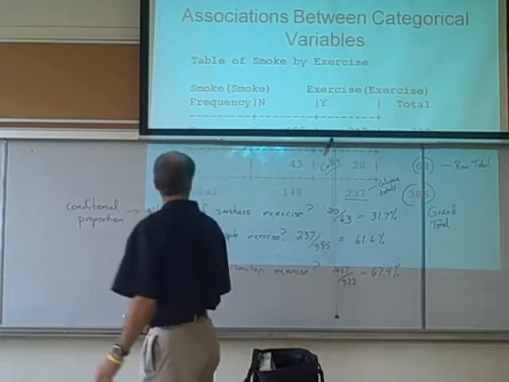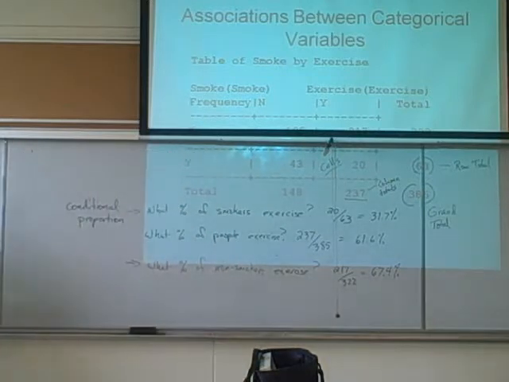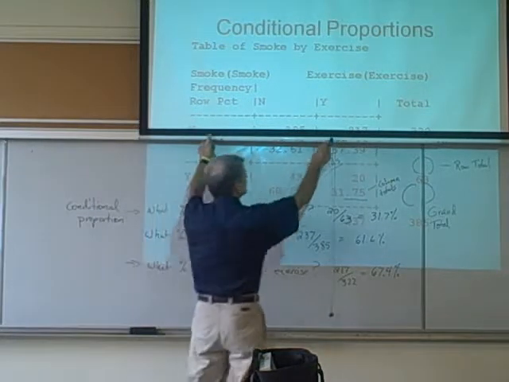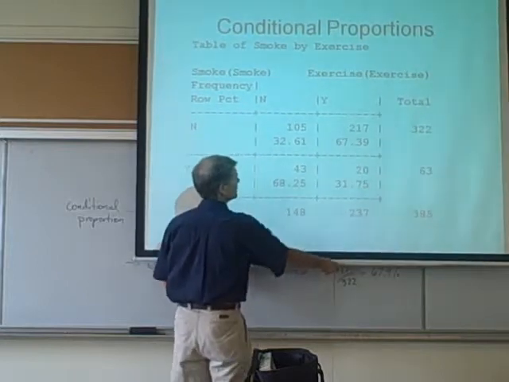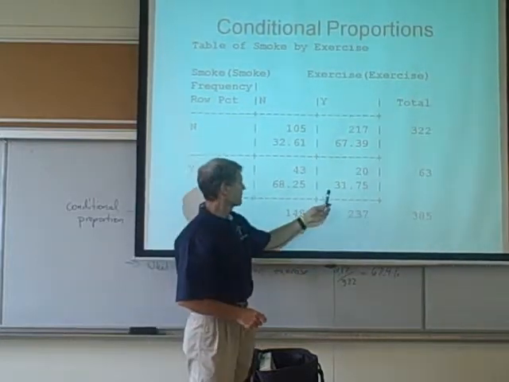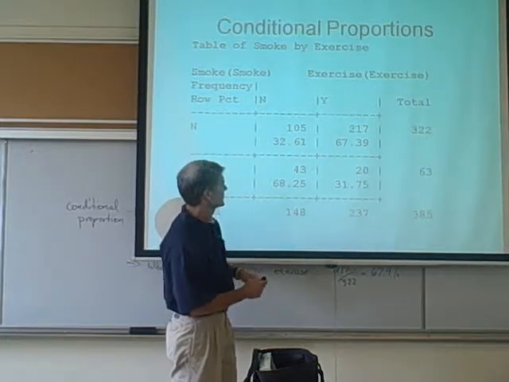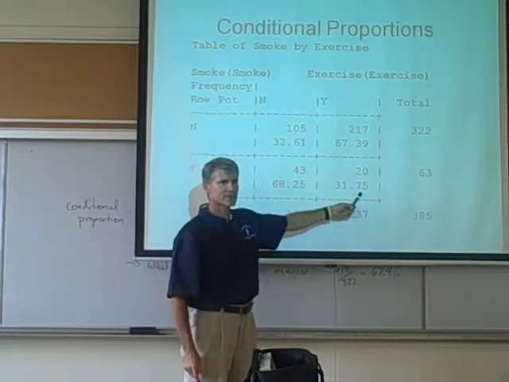Okay? All right, well here's the same table with the conditional proportions filled in. So there's your, yeah, that's the same table. Is that the number we had? 31 points?